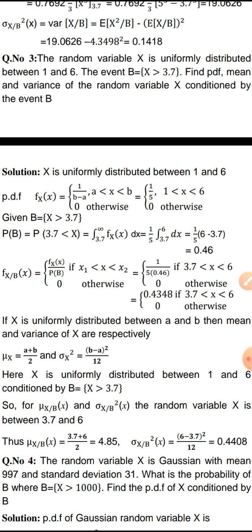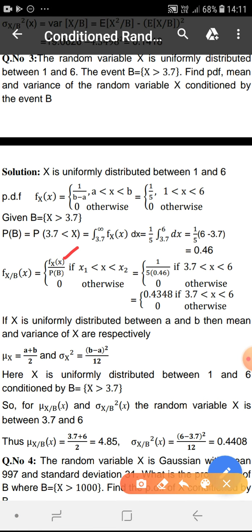Now the conditional probability density function, the conditional PDF, will be equal to the probability density function divided by the probability of B, if x is greater than x1 and less than x2, and 0 for other x values. Here x is uniformly distributed between 1 and 6. Conditioned by B means B says x should be greater than 3.7. So both together mean x should be greater than 3.7 and less than 6.